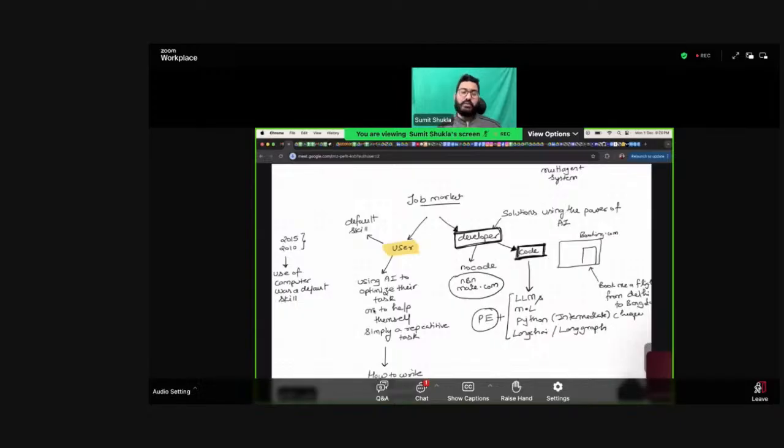Someone has an existing website, someone has an existing mobile application, and they want to implement AI on top of it. That is where the job requirement is, and that is where the Coding Ninjas Job Ready Bootcamp and Coding Ninjas Generative AI Bootcamp are going to help you.